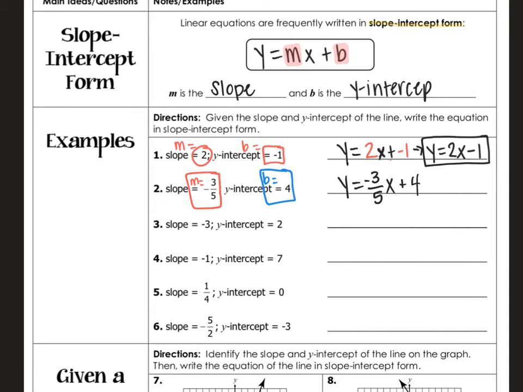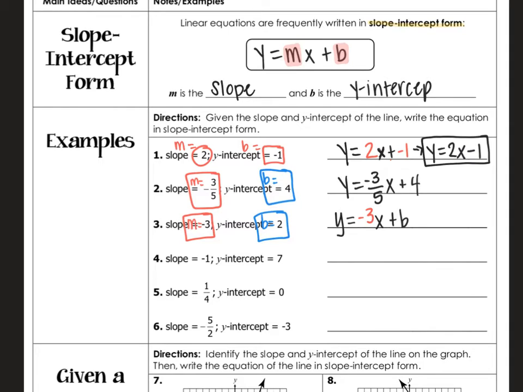So our slope, which is m, our m equals -3, and our y-intercept is also b, and b equals 2. So when we're writing our slope-intercept form, y equals mx plus b, we are going to take out the m and put in -3.